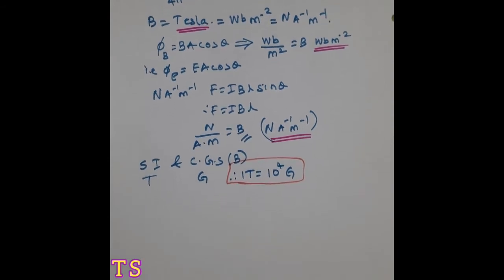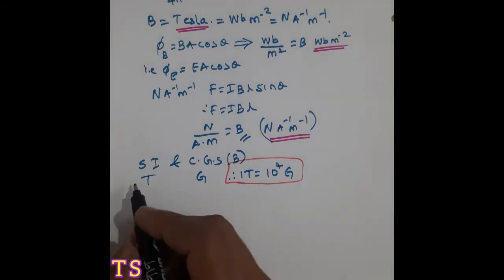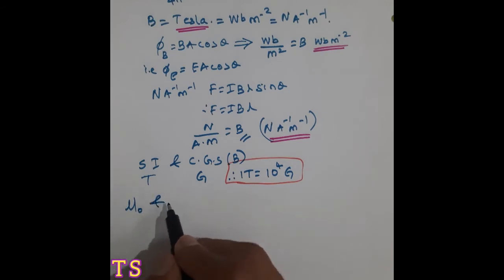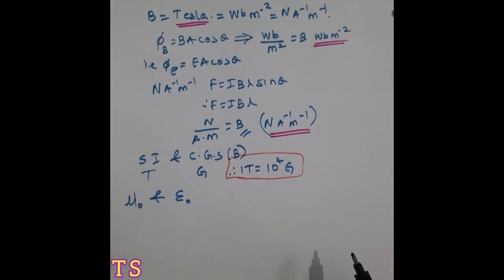Let's just go ahead and see the relationship between the permeability of free space, that is mu naught, and the permittivity of free space, that is epsilon naught. Very simple, but still you need to know the relation. It's very helpful.